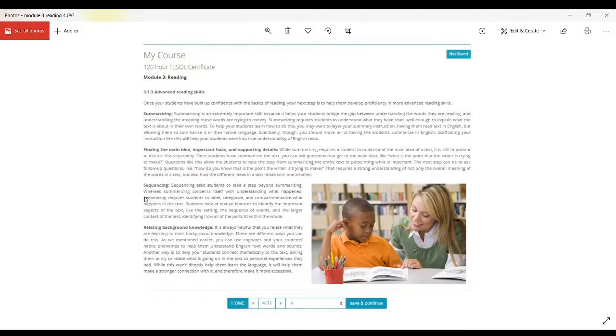Okay, next is sequencing. It is to take a step beyond summarizing. Whereas summarizing concerns itself with understanding what happened, sequencing requires students to label, categorize, and compartmentalize what happens in the text.